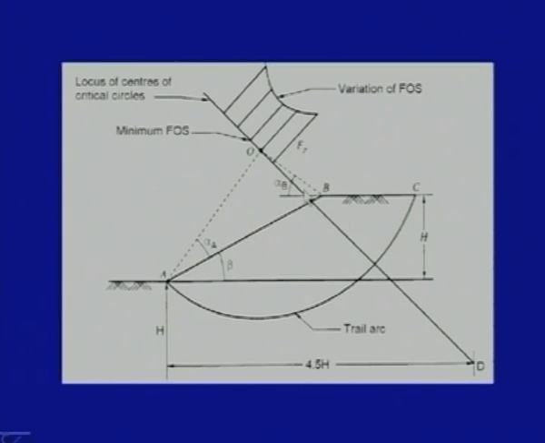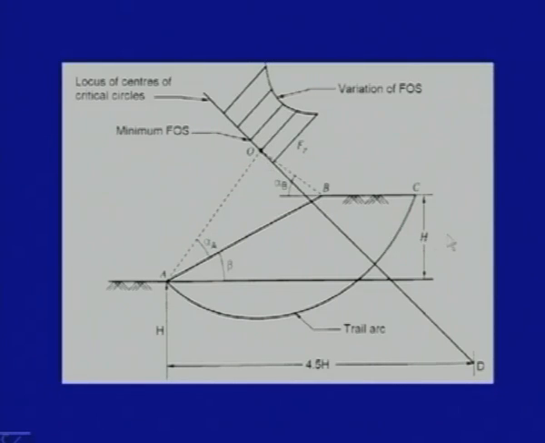The procedure was very tedious because a large number of circular surfaces have to be considered. So, we had discussed one more method which reduces the computations, in which we could find a line.